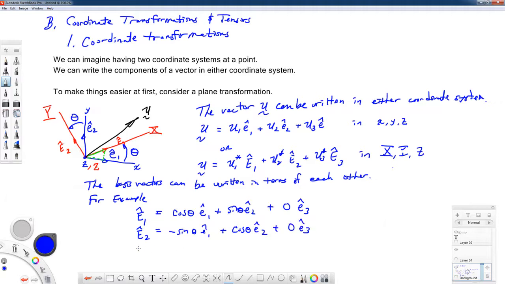And for our plane transformation, we would have 0 e hat 1 plus 0 e hat 2 plus 1 e hat 3 to give us capital E3, since they are coincident. Now when we do this, we still have to be careful that the capital E hat are unit basis vectors.